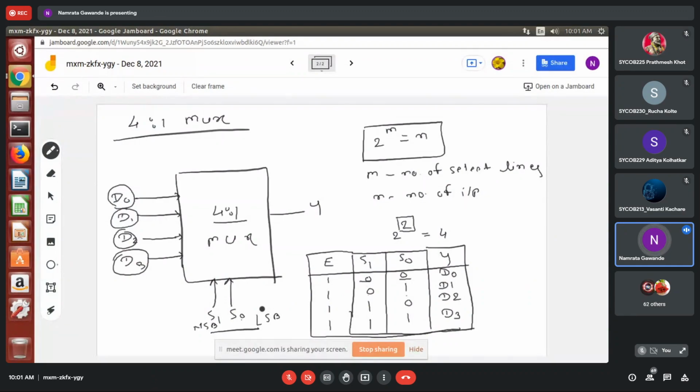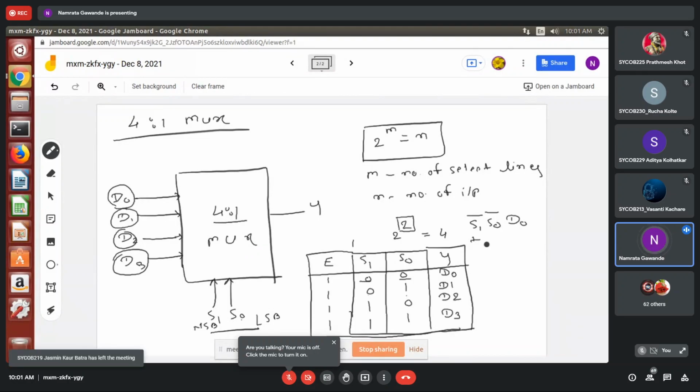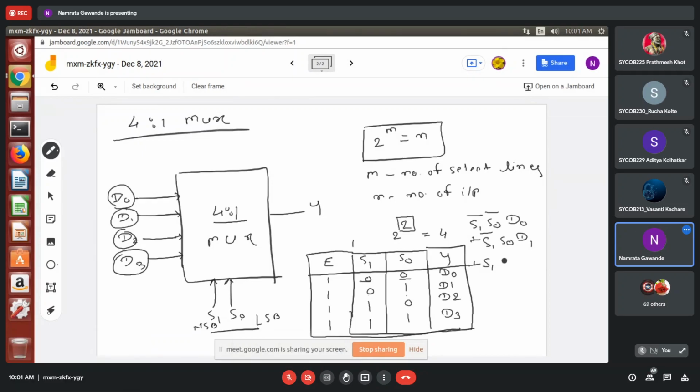Once you know this, you can write the equation: S1 bar S0 bar D0, plus S1 bar S0 D1, plus S1 S0 bar D2, and plus S1 S0 D3.